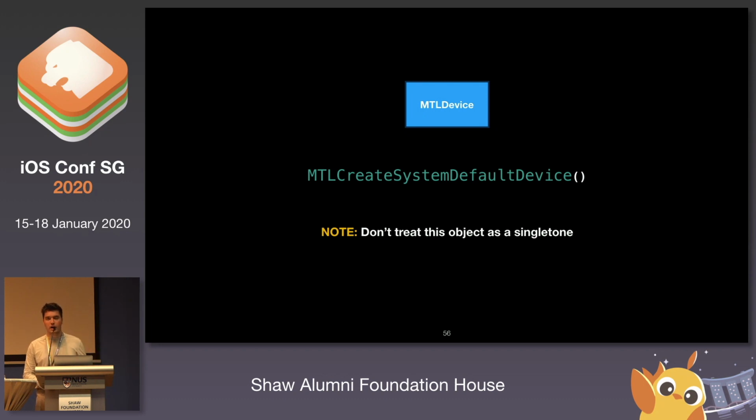It can have external GPUs, and deciding which MTLDevice you use will define where the code will be executed. And the important thing to understand about the Metal API is that it extensively uses a pattern called dependency injection. So all of the objects are created out of other objects.